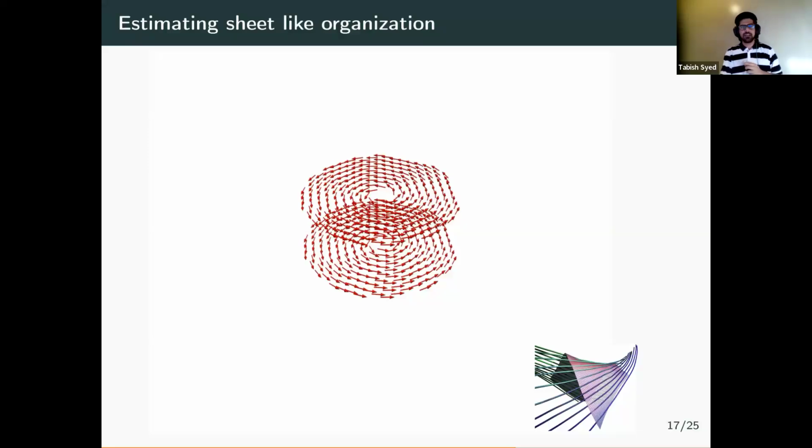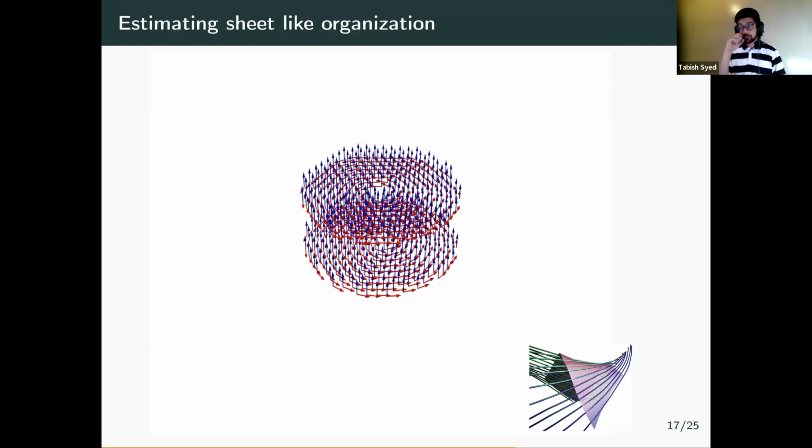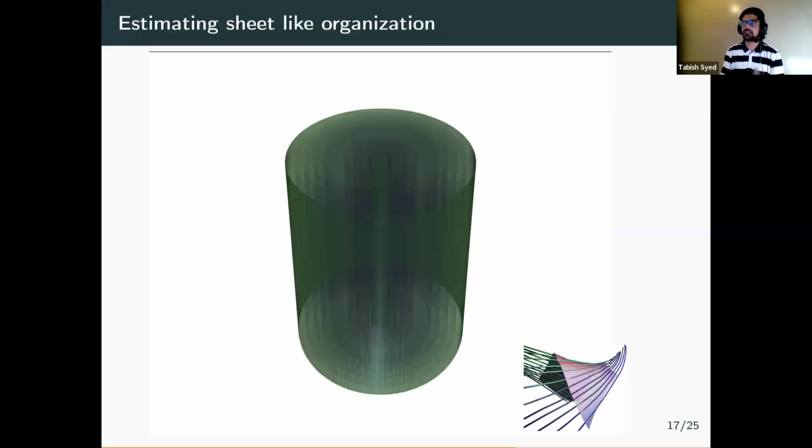So the way we formulate this question is as follows. We have the orientation of cells at each point in space, so you can think of it as a vector field in space. So let's say you have a vector field like this, which is circular or cylindrical in 3D. You are given a single vector field. You want to estimate another vector field which is orthogonal to this vector field, so that it spans a sheet locally, right?